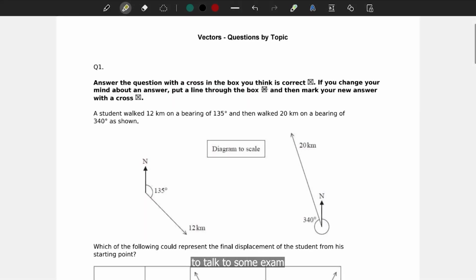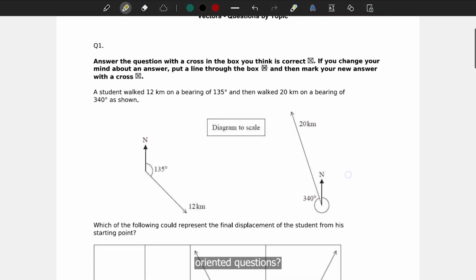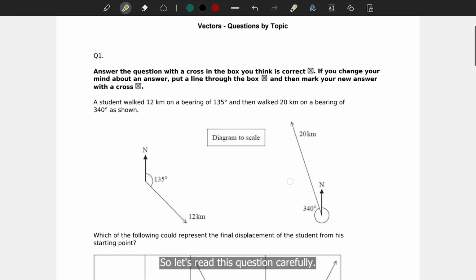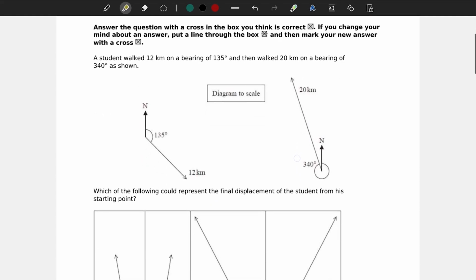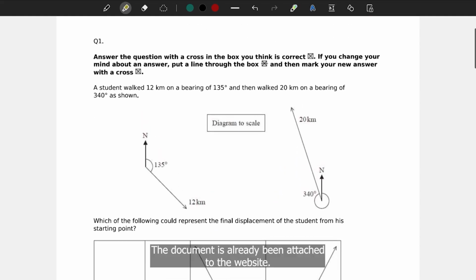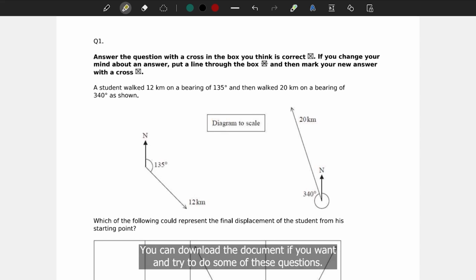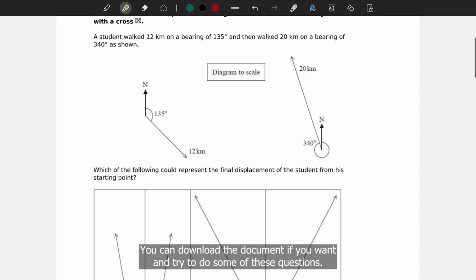Let's walk through some exam oriented questions. Right, so let's read this question carefully. I'll encourage you to read this question, pause my video and try to answer it. The document is already attached to the website. You can download the document if you want and try some of these questions.